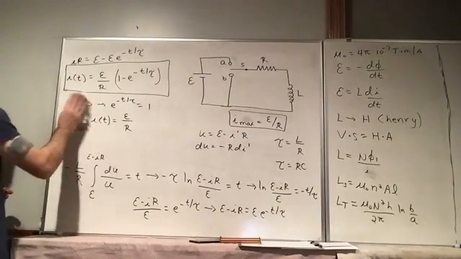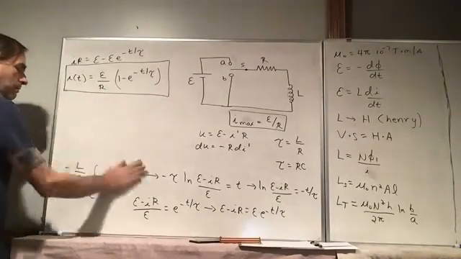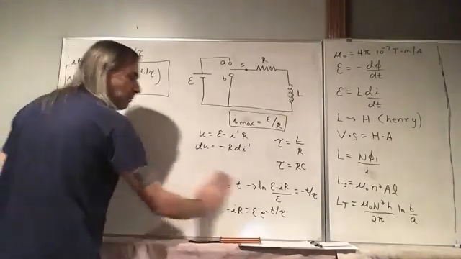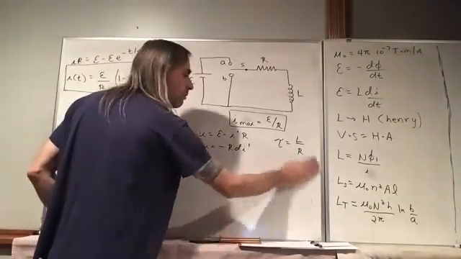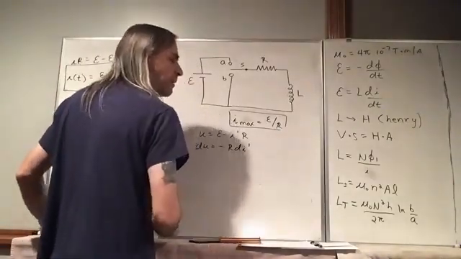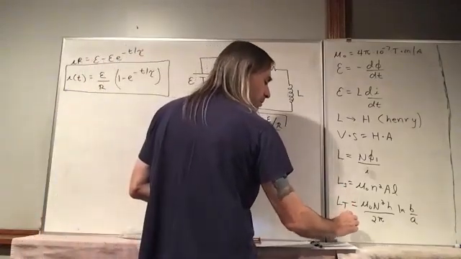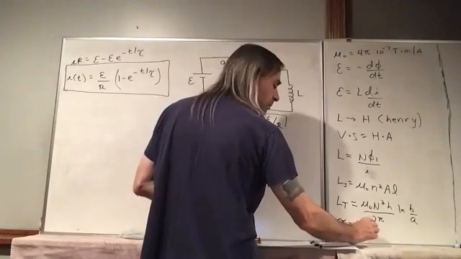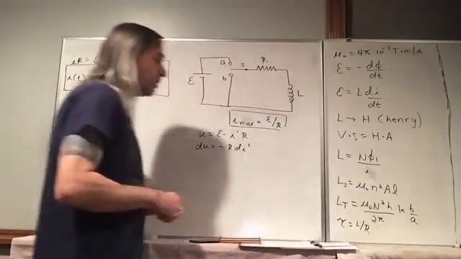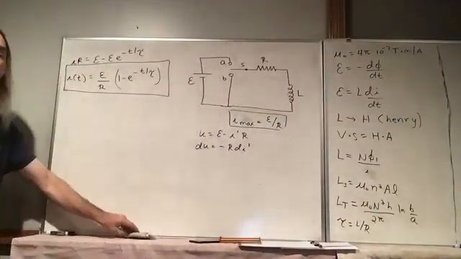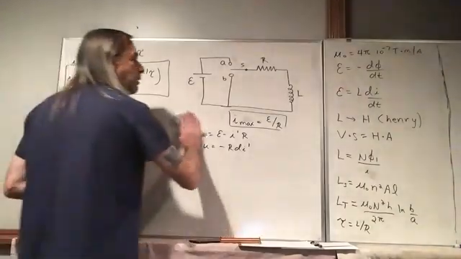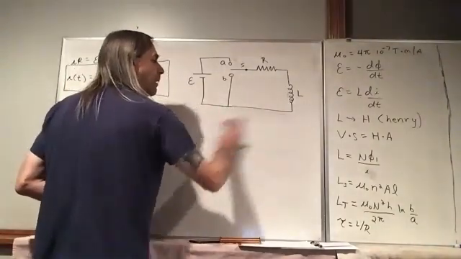Let me erase a lot of things here. I should have kept the time constant. So for an inductor, the time constant is L over R. I think we can get rid of everything here then.